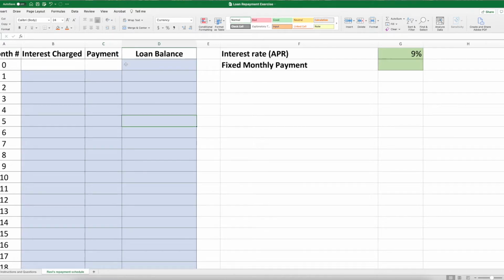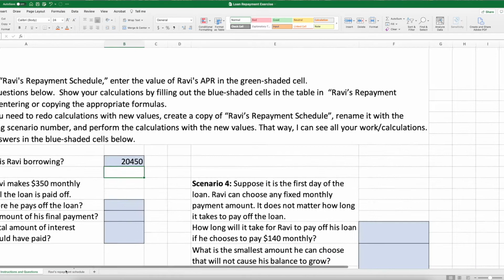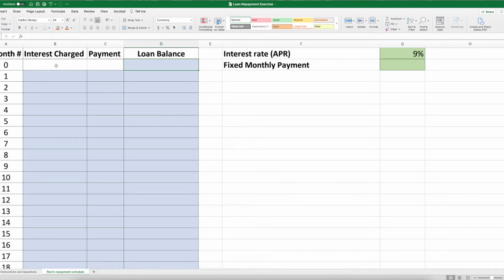So let's start with month 0. Now, what is month 0? Month 0 is today. It is the day that he is signing the loan papers and getting the proceeds of the loan. So what is going to be the loan balance today, the day he is getting the loan? Well, it's the amount that he has borrowed, because it's not going to include interest charges, because on the very first day of the loan, he hasn't accumulated any interest charges or made any payments.